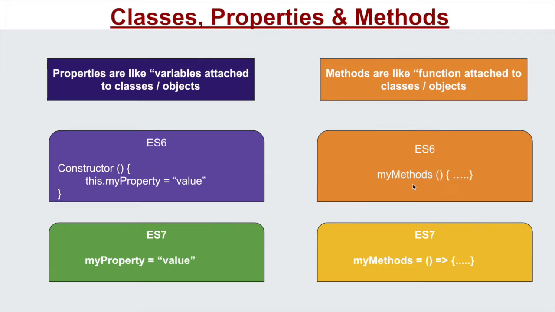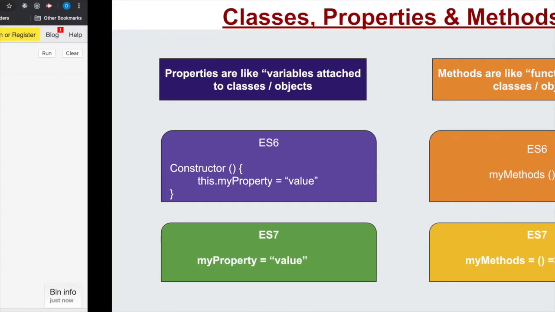You have got no problem with the this keyword, and that's the exact reason why we will use this syntax here on the bottom right corner and on the bottom left corner throughout this course. Let me show you the syntaxes.